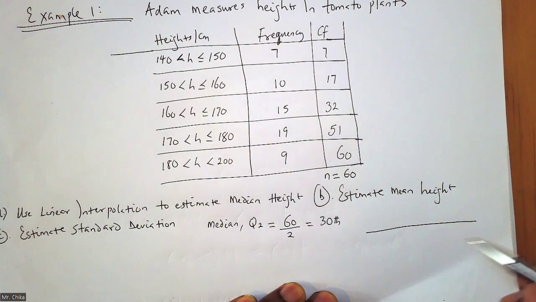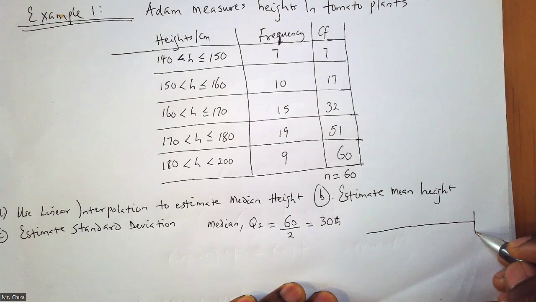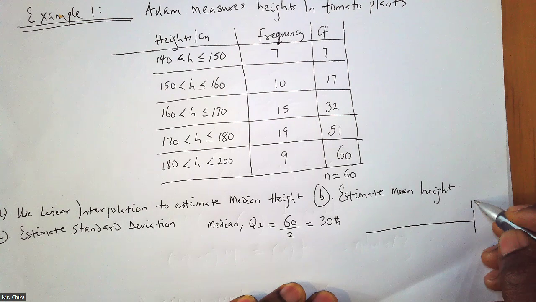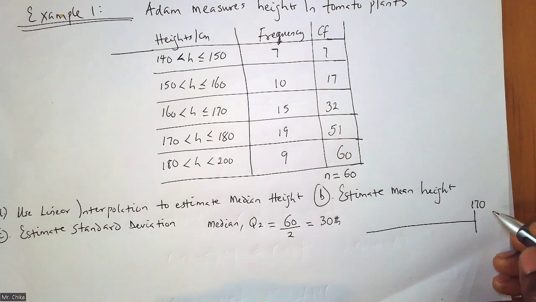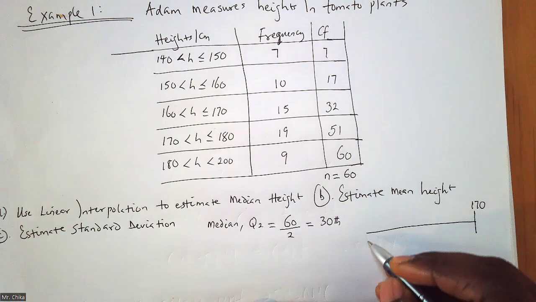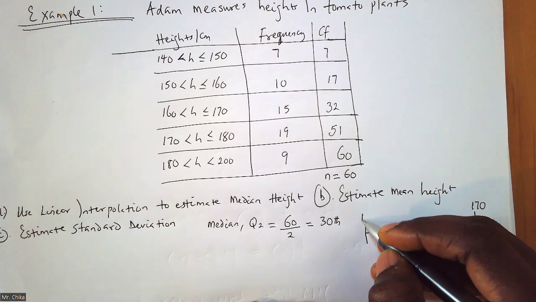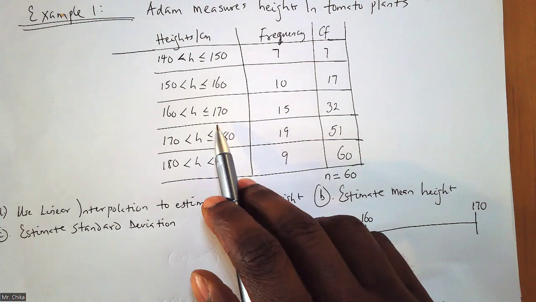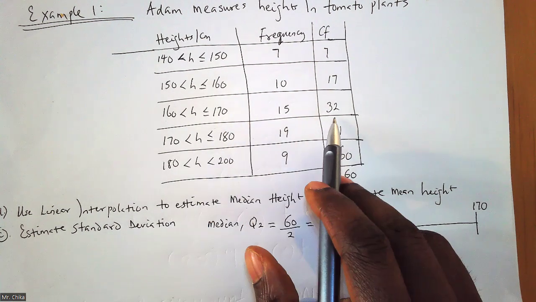So our upper boundary is 170, and then our lower boundary is 160. The frequency that falls here is 32.